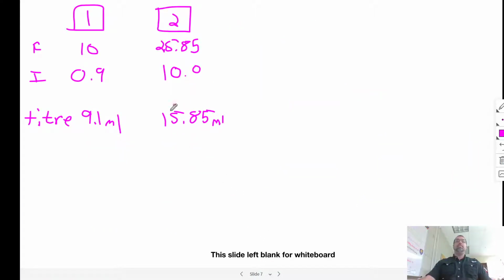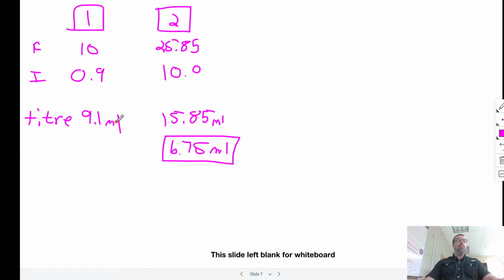Okay? So that means that this one right here ended up making 6.75 milliliters extra of that acid. Okay? And we know that because this is how much acid was in there originally, and this is how much we had, and this is the difference between these two.